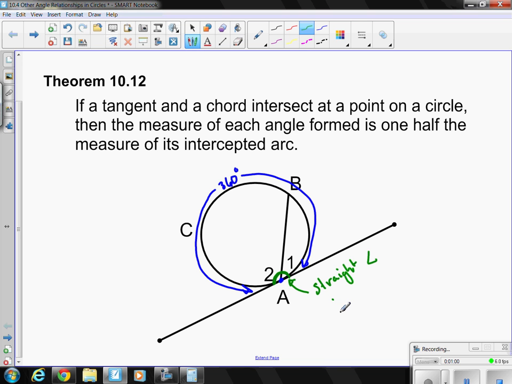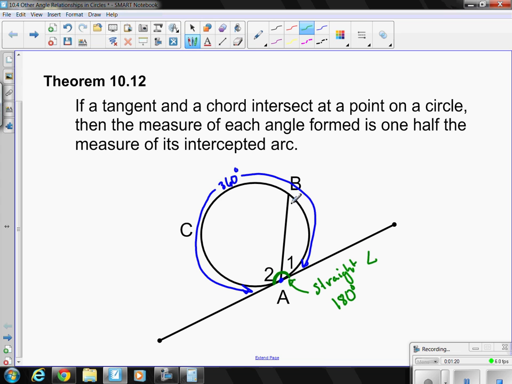It is 180 degrees. So if we finish reading the theorem, the measure of each angle formed is 1/2 the measure of the intercepted arc. So notice 360 degrees around, divide that by 2, you get 180.